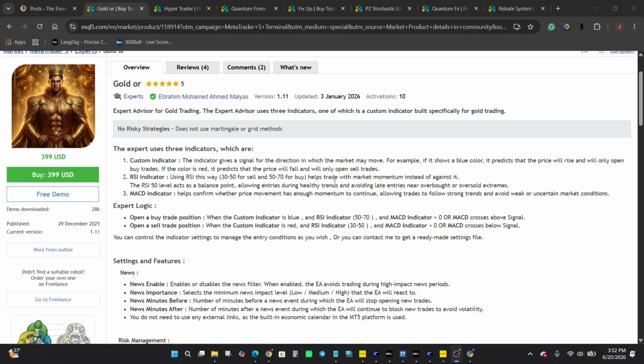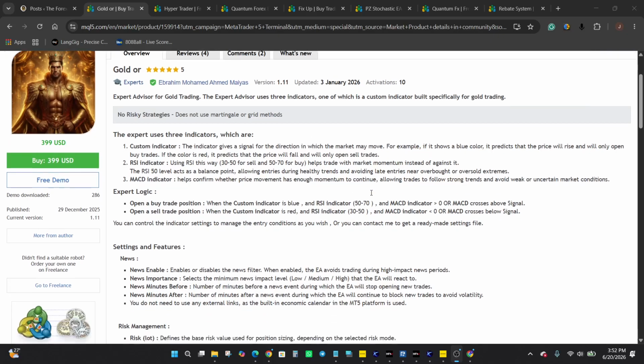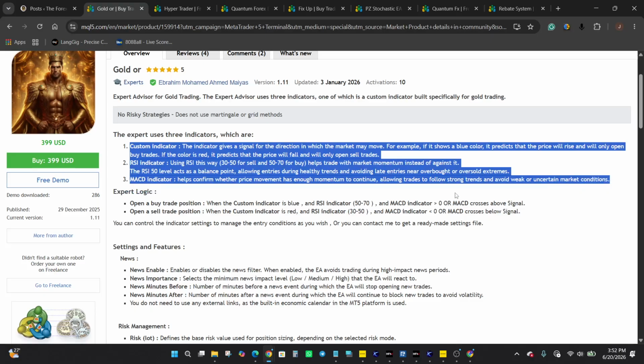All right, so looking through the description, the developer states that the EA is built specifically for trading XAUUSD, or gold. It also uses three indicators as part of its decision making process. You can see the indicators stated here.